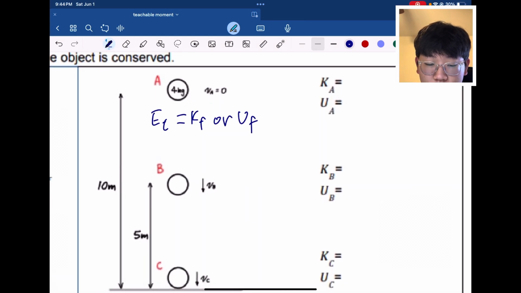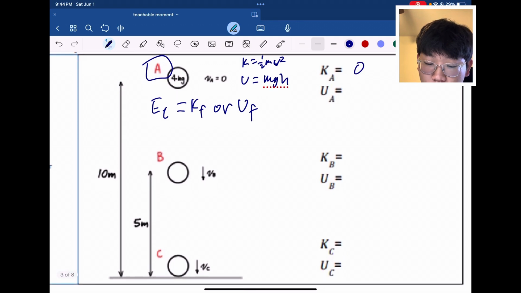So in this situation A, the velocity is 0, which means kinetic energy is going to be 0. And this is just the equation just in case. Then our potential energy is going to be mass times gravity times height, which is 4 times 10 times 10, which is 400.